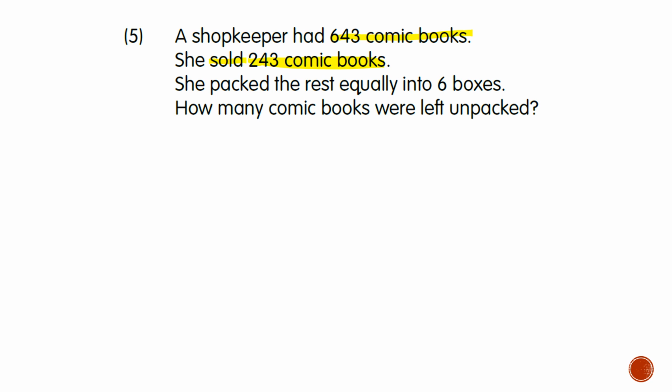She packed the rest, that means what was left after she sold. She packed this amount equally into 6 boxes. When I see equally in 6 boxes, I just think of division. So this problem has subtraction and division involved.